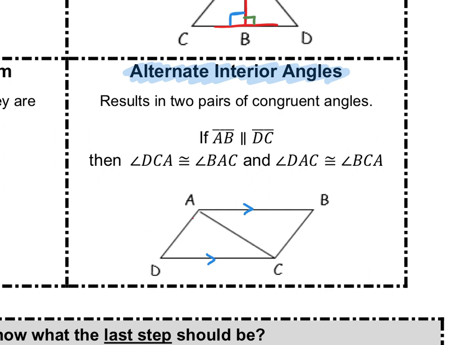We can say that DAC is congruent to ACB, and we can say that BAC is congruent to DCA. Those alternate interior angles on either side of that transversal are going to be congruent. We learned this when we learned about parallel and perpendicular lines, but it also applies in shapes, specifically quadrilaterals that have a transversal across them.